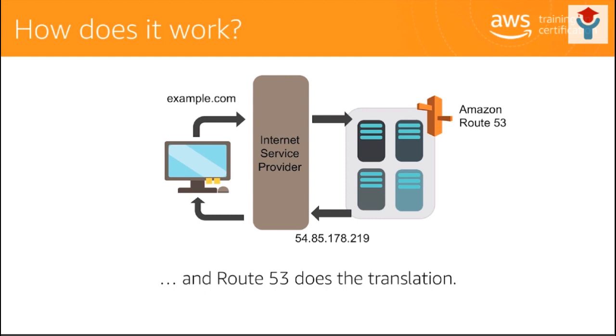And these servers will know how to translate example.com into something like 54.85.178.219. Now that the user knows that example.com is identified by this IP address, the user's browser can make requests for that specific address.